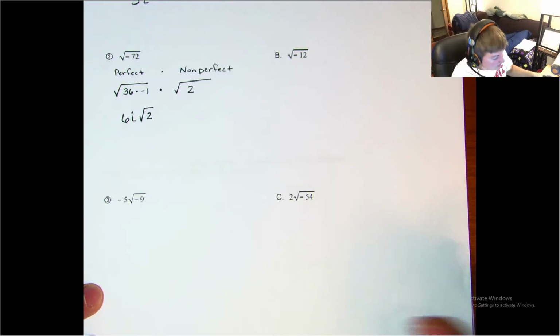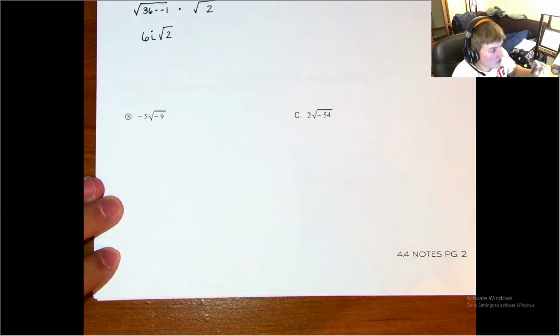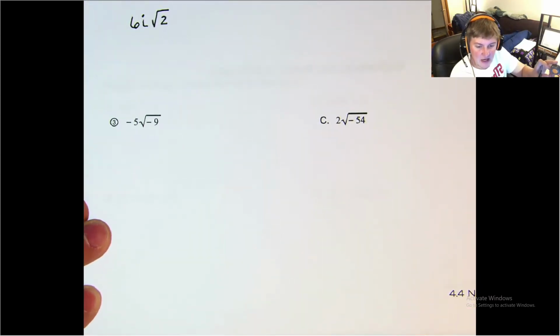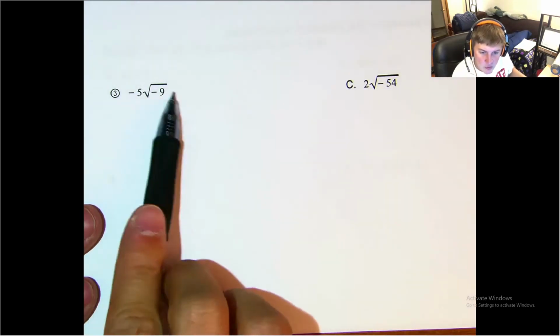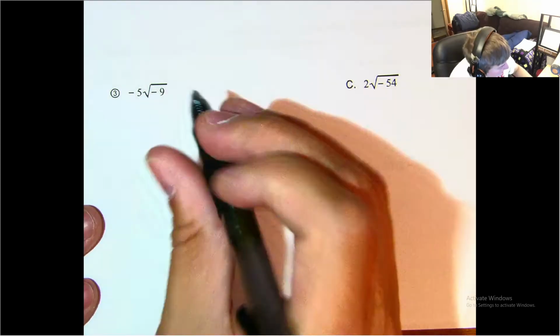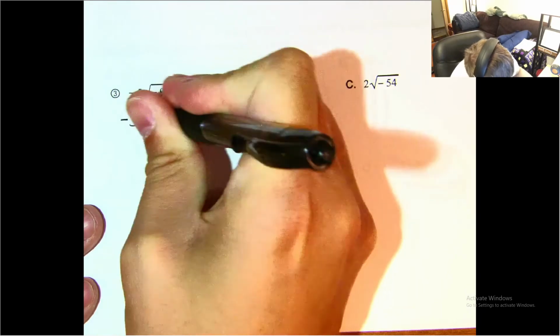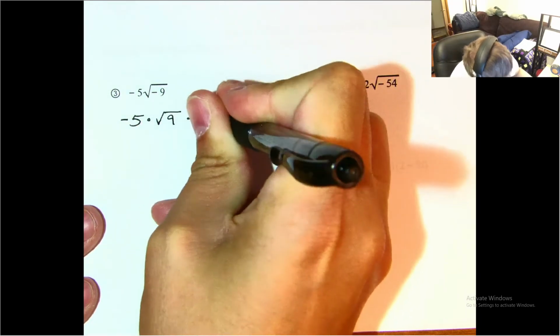Okay, so let's go ahead and do 3. All right, so now I'm looking at this one here. 9 is a perfect square, so that means negative 9 is going to be a nice, neat perfect square as well. So I can rewrite this as negative 5 times the square root of 9 times the square root of negative 1.